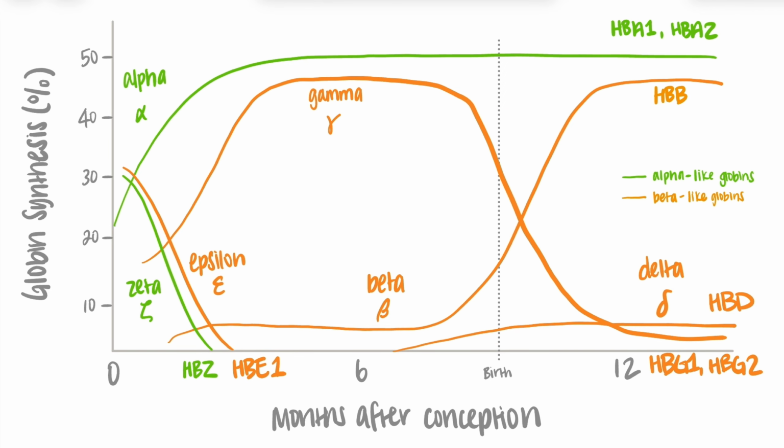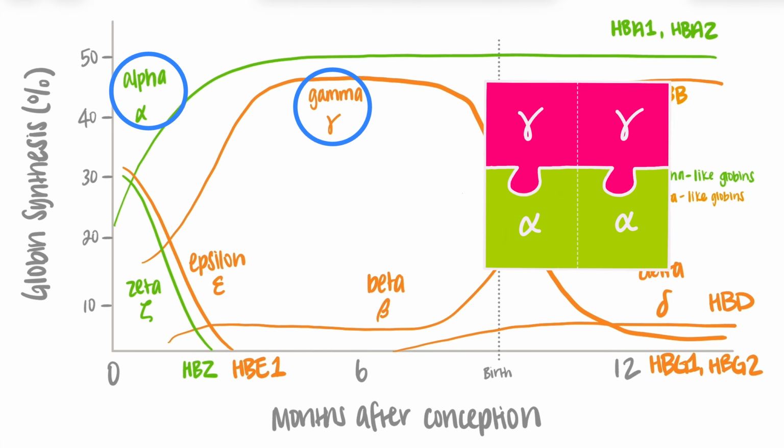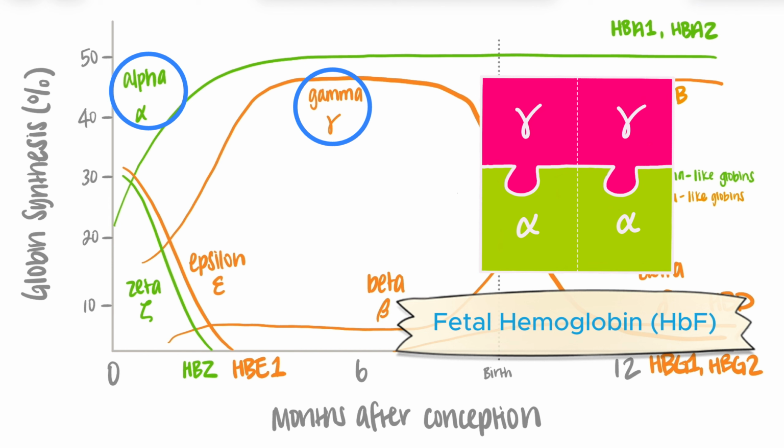As weeks go by, production of epsilon and zeta slows, and the high amounts of alpha chains and gamma chains being produced results in the formation of fetal hemoglobin, or HbF, the main type of hemoglobin present in our red blood cells in the fetal stage of development.